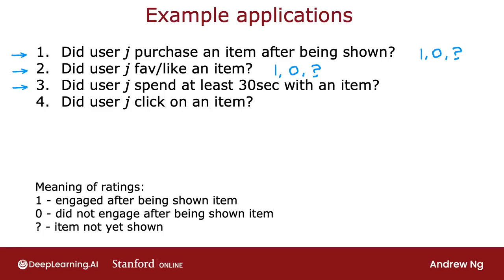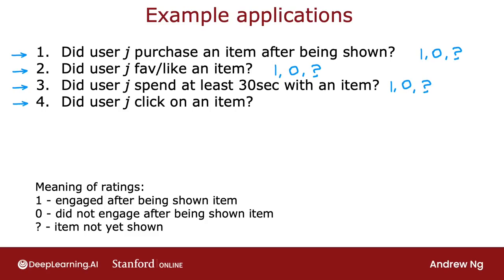For example, you can measure if a user spent at least 30 seconds on an item, and if they did, assign that a label 1 because the user found the item engaging. Or if a user was shown an item but did not spend at least 30 seconds with it, then assign that a label 0. Or if the user was not shown the item yet, then assign it a question mark.